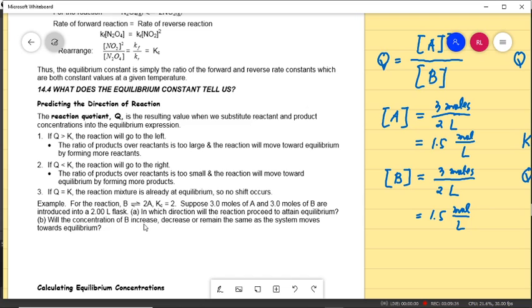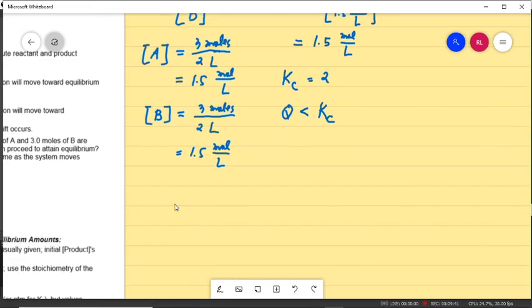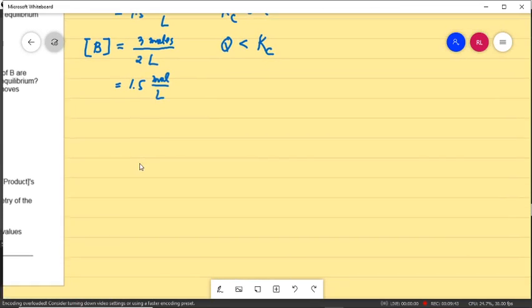Okay, so that's it. I am going to give you another example. Let me write the example here.